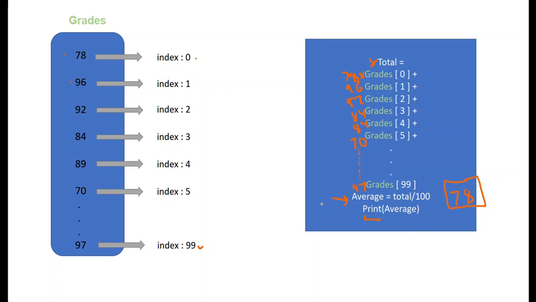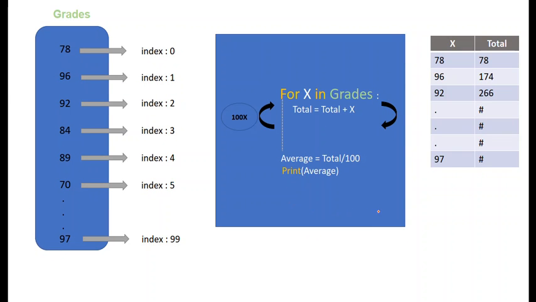To do that, we can use something that's called the for loop or the for statement. Now let's see how we can actually write only two simple statements to achieve the same result that we've gotten using the previous approach. So how do we do that?